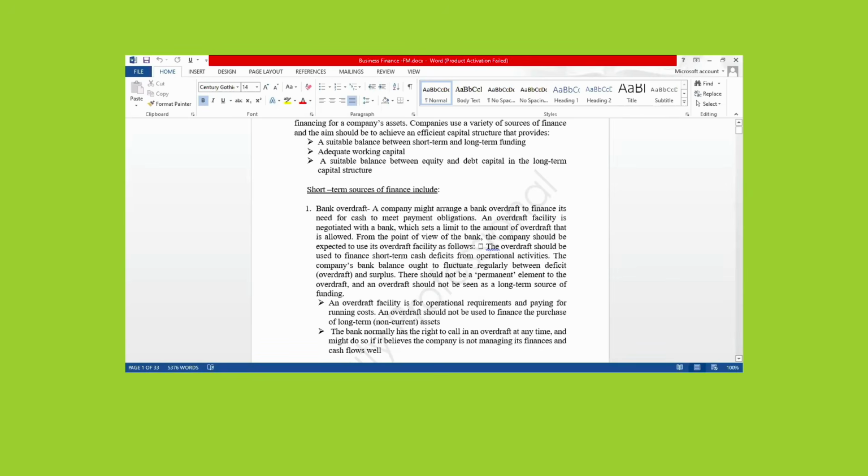If the bank observes that you are not managing your finances and cash flow very well, the bank will just tell you to pay back the overdraft facility.